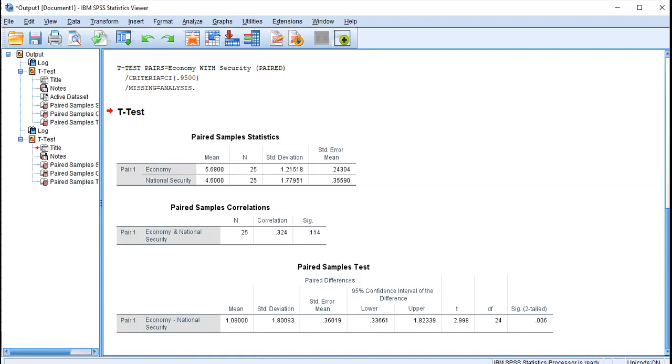This value is significant, because the value of significance happens to be 0.006, which is very much lower than the value which we actually consider for accepting the alternate hypothesis, that is 0.05. So we are accepting the alternate hypothesis that there is a significant difference in the level of importance given by voters for economy vis-a-vis national security. So that was how the test was being done.